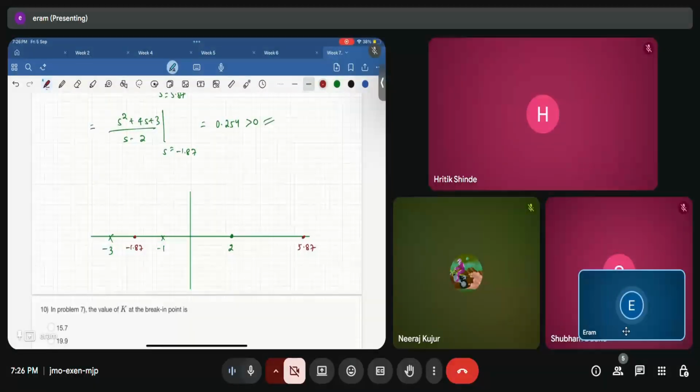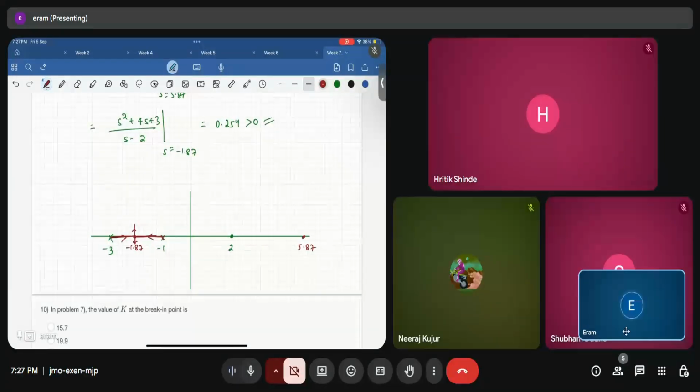What about -1.87? Can it be a break-in point? So our root locus is going to start from the open loop poles, that is from -1 and -3, and it will break from here. Okay, because we are starting from somewhere, then we are going to break from this point.